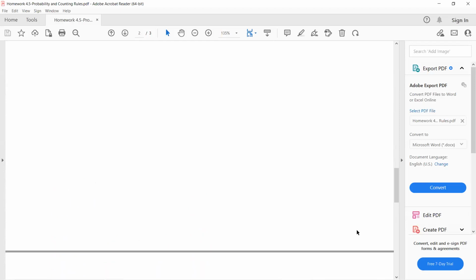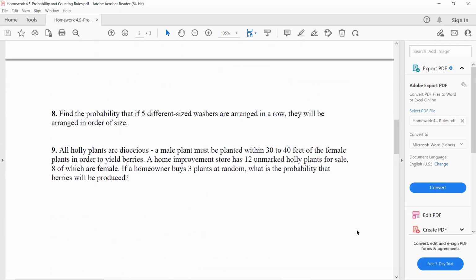You've got 5 washers. Let me remember, because I have 8 stuck in my head now. So we're doing 5 different size washers.